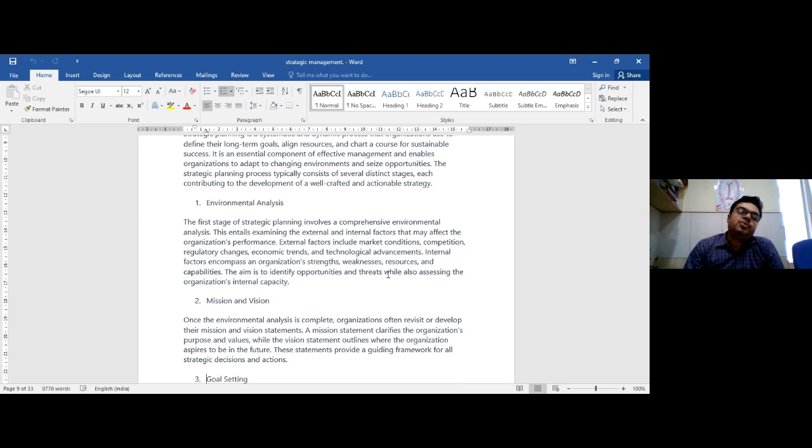we talked about the SWOT analysis. So environmental analysis includes all those dimensions which are a part of the SWOT analysis of the firm.